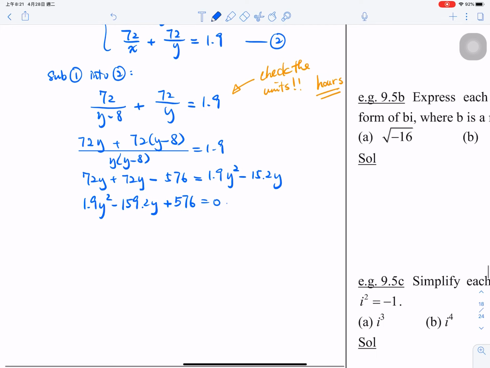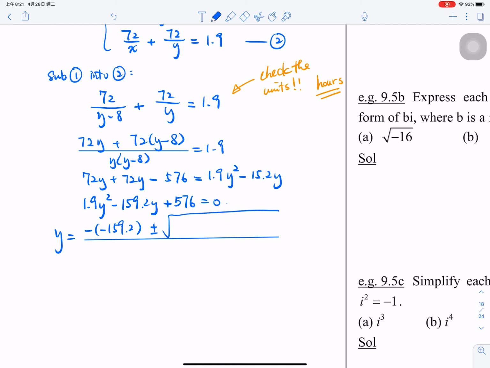Okay, so this one, write down the quadratic formula. So here negative b plus or minus square root of b squared minus 4ac, altogether over 2a.